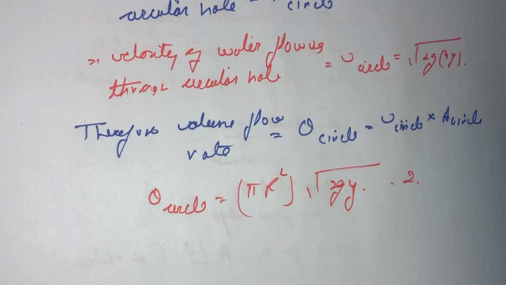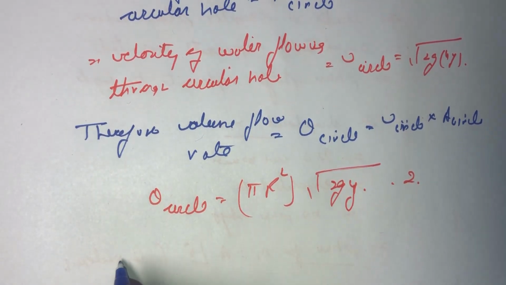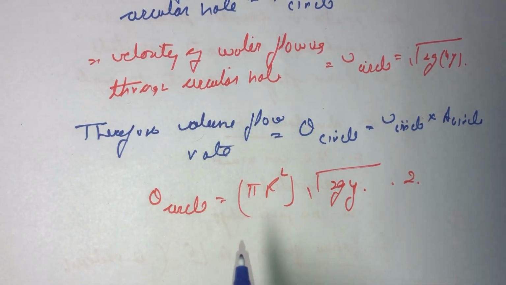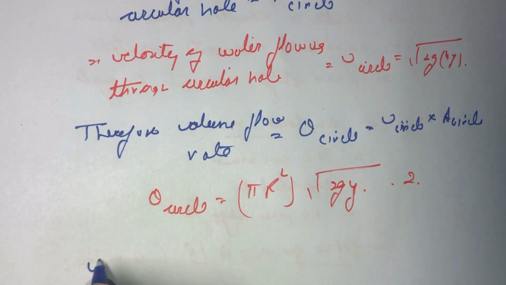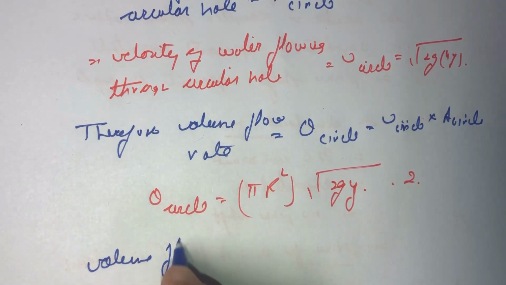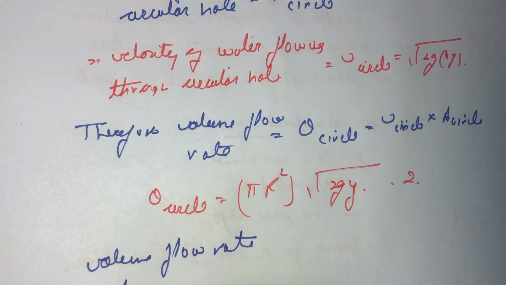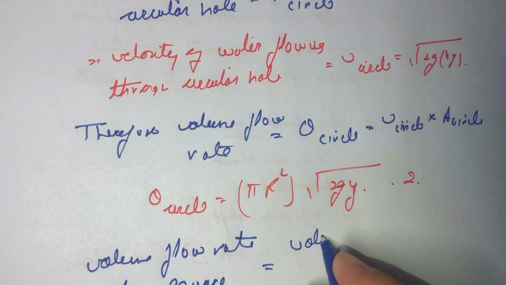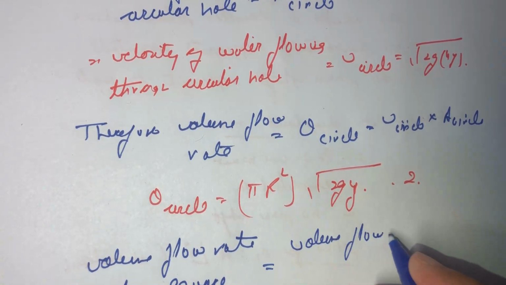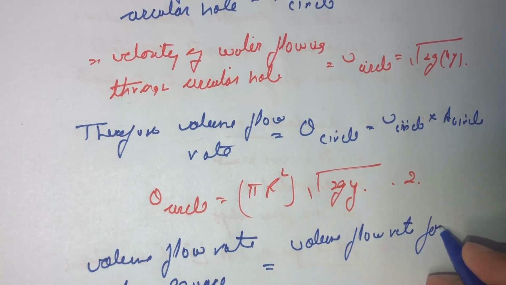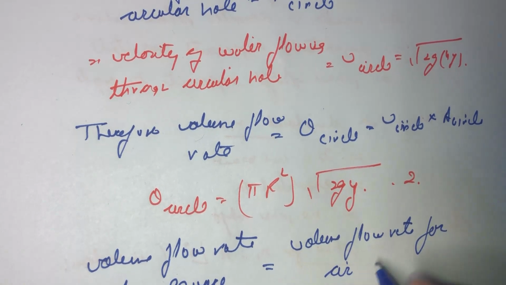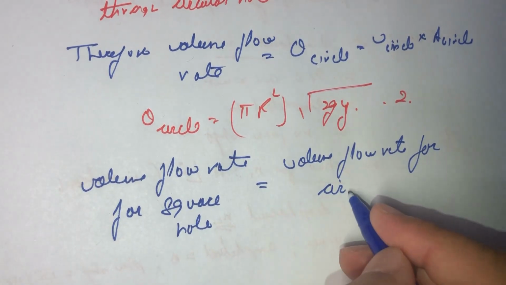And it is given that the volume flow rate of the circle and the volume flow rate of the square are equal. The volume flow rate for the square hole is equal to the volume flow rate for the circular hole.